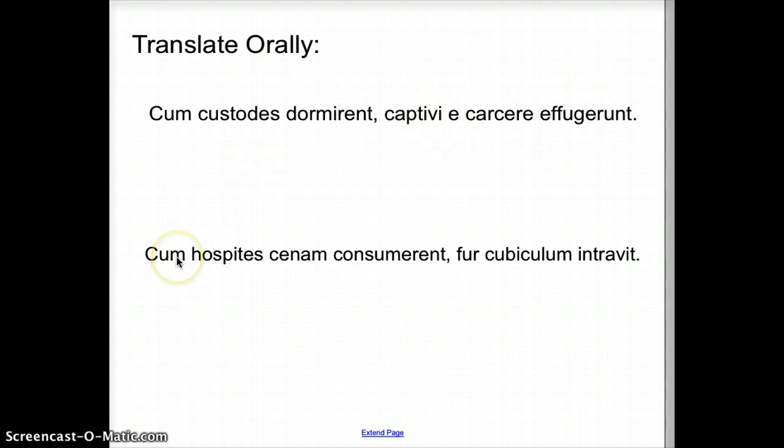And another example, cum hospites cenam consumerent, fur cubiculum intravit. Okay, so take a minute to translate this one. When the guests were consuming the meal, the thief entered the bedroom. Well, that's an ominous sentence.